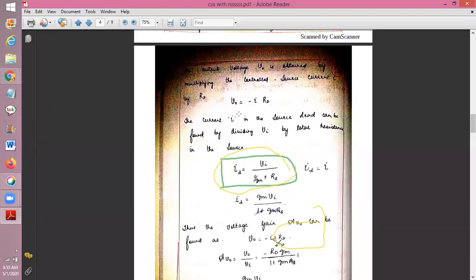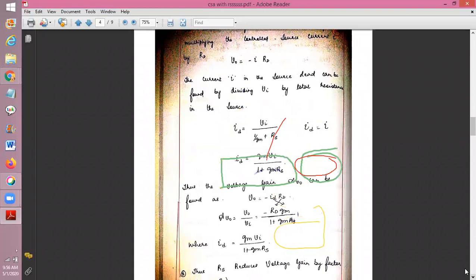Now what we will do, bring this expression V naught is equal to minus I into RD. In place of I, you represent here, I have shown here, mark this, ID is equal to I. So what is ID? Vi divided by 1 by Gm plus Rs. After taking the LCM, I will get it. Go and substitute it here.